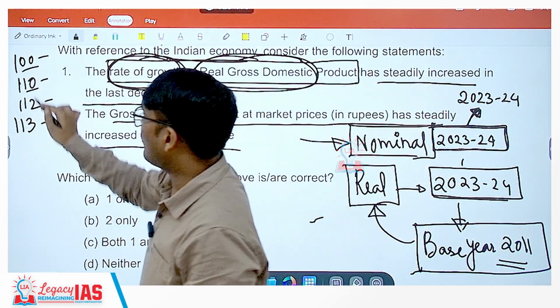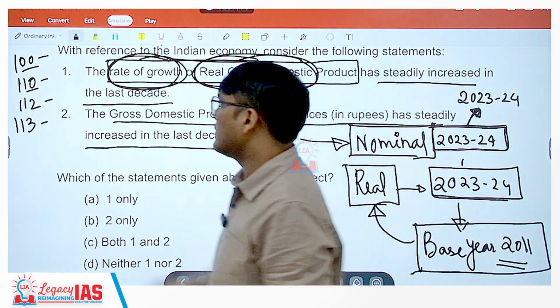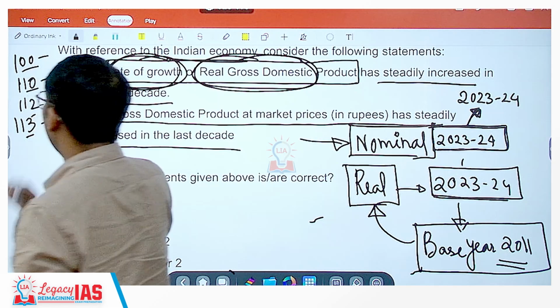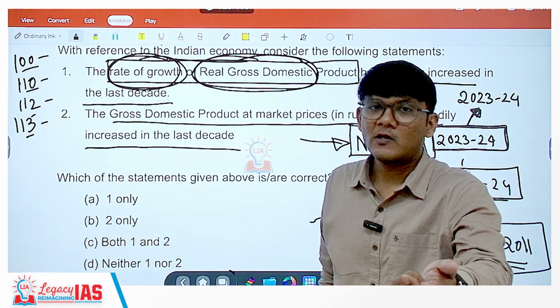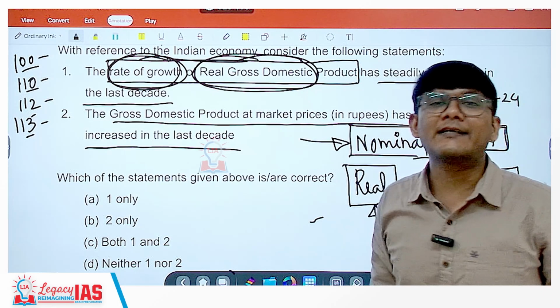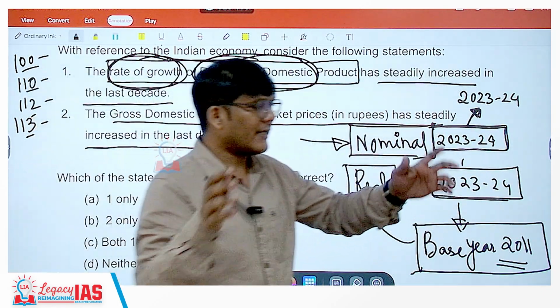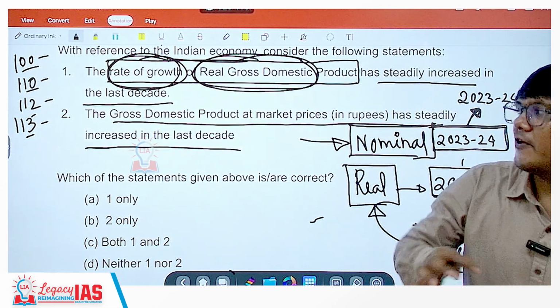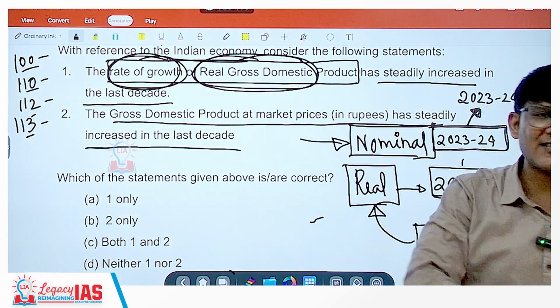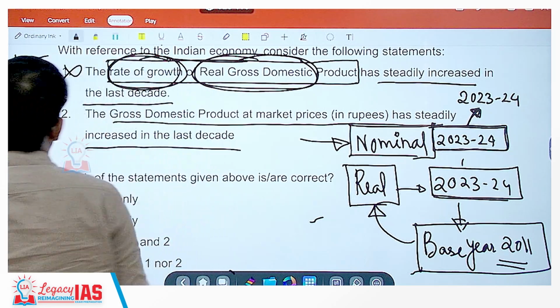From 110 to 112 it was close to 2%. From 112 to 113 it was less than 1%. So even though the GDP is increasing, the rate of growth of GDP is not increasing. And in India, in no 10-year series has it so happened that the rate of growth of GDP has steadily or continuously increased. So the first statement is absolutely wrong.